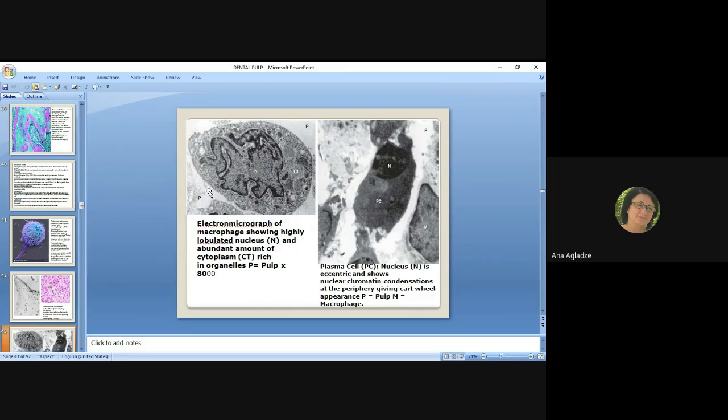Only three types of cells, macrophages, dendritic cells, and B lymphocytes, are antigen presenting cells. Let's say briefly what antigen presentation is.